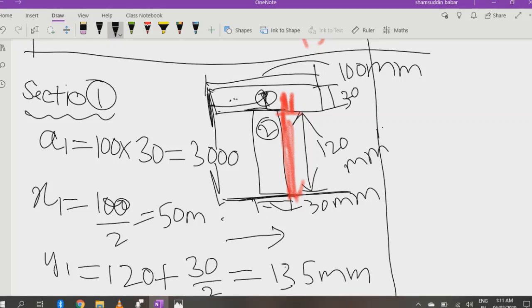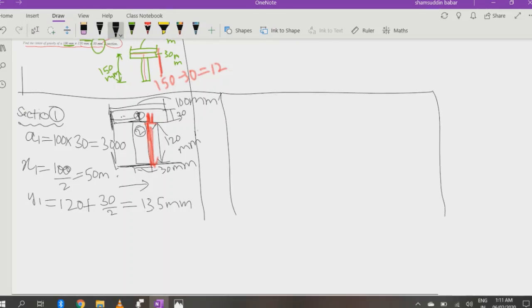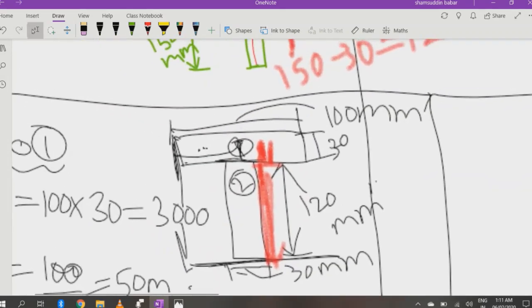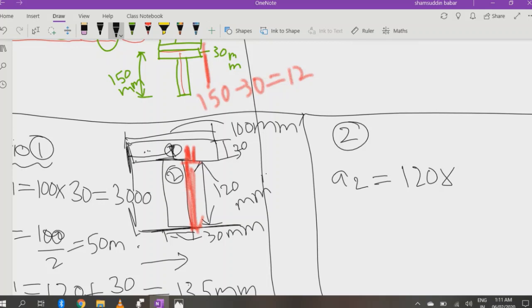Now likewise for section 2, I am not going to explain it at length. I can draw this figure around here. For section 2, my A2 will be equal to 120 into 30.